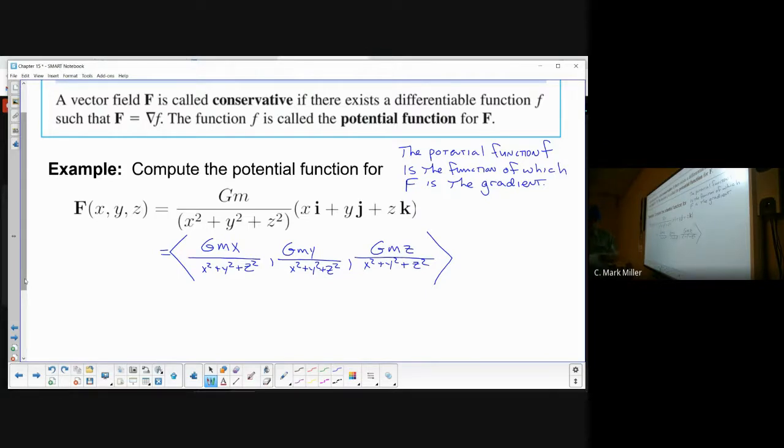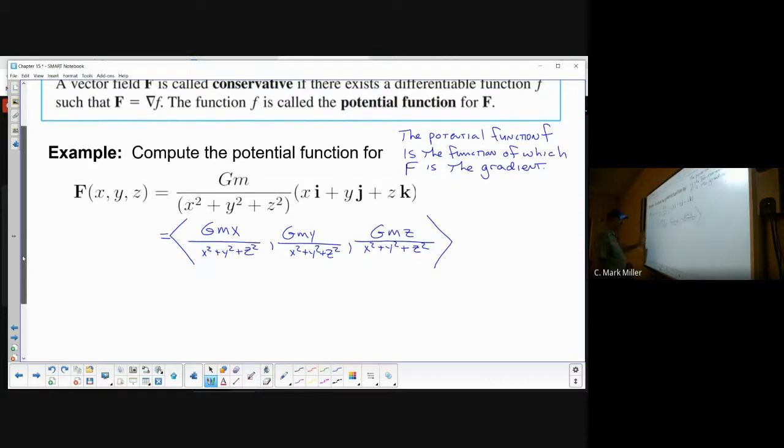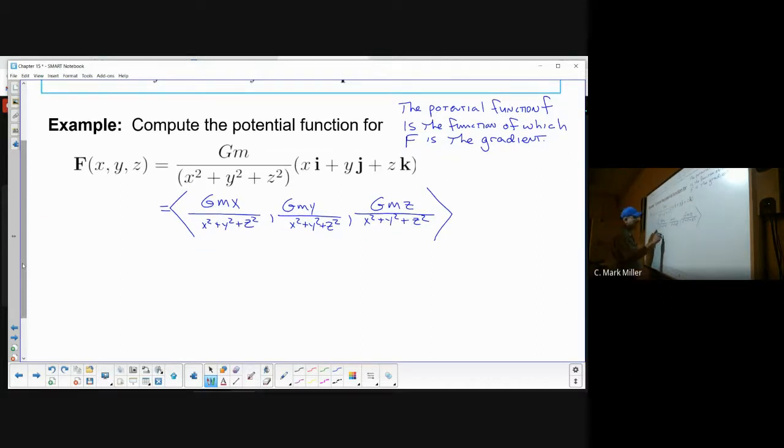What does that mean? Well, let's see. This is little f sub x, that's the x partial of my f. That's the y partial of my f that I'm looking for. This is the z partial of my f.